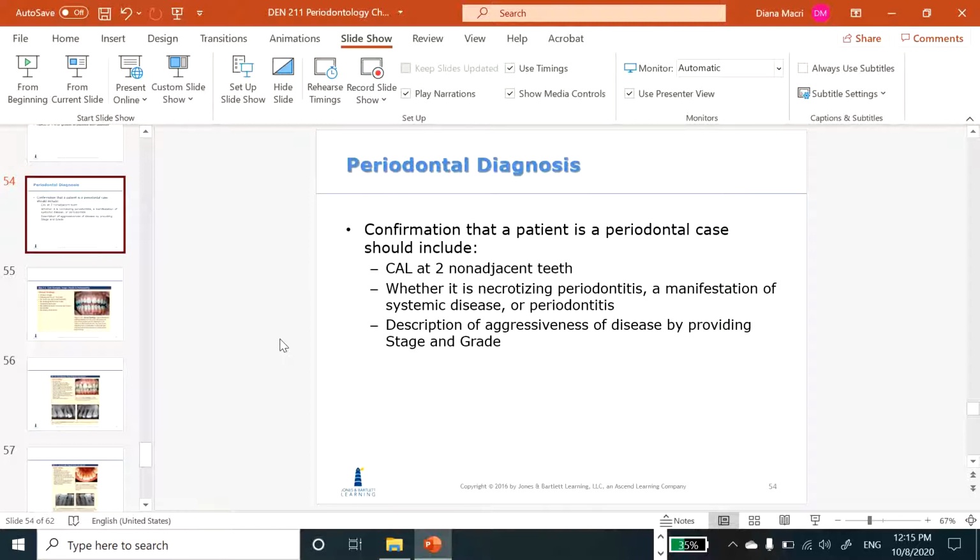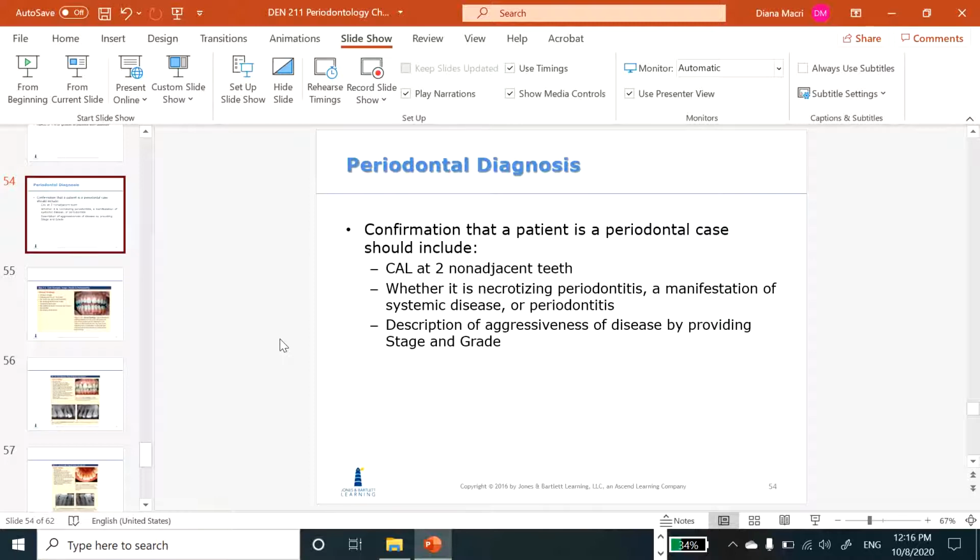You're going to tell me the extent, which is localized or generalized. You're going to tell me the stage, and you're going to tell me the grade, and you're going to tell me periodontitis as a manifestation of systemic disease. Okay? And then a description of the aggressiveness by adding the stage and grade.